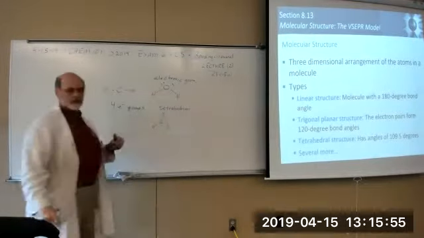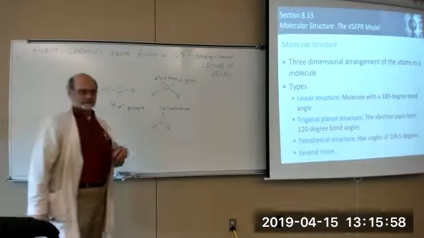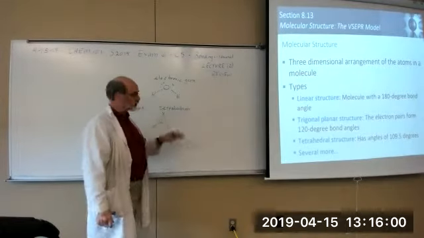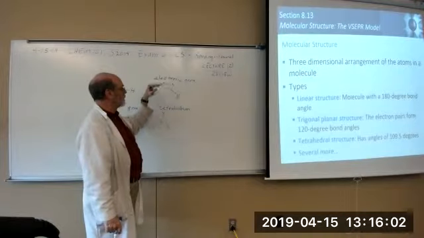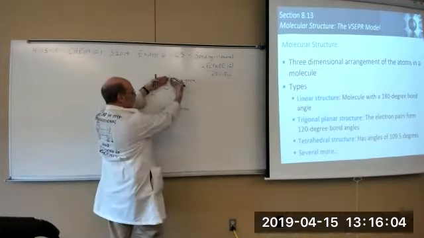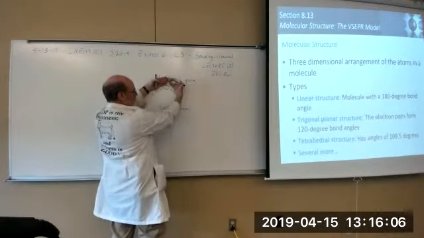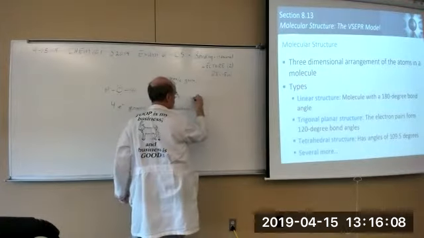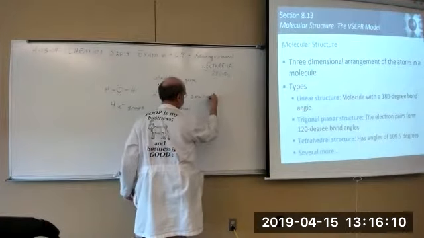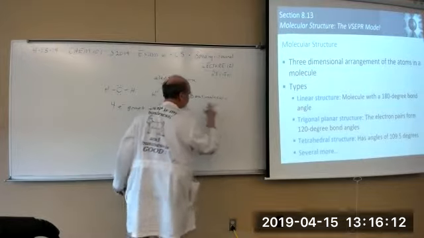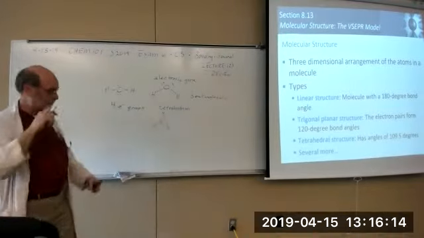We want to know the molecular geometry. For the molecular geometry, you start with the electronic, and then you cover up the lone pairs and say, what do you have left? In water's case, you have a bent molecule.